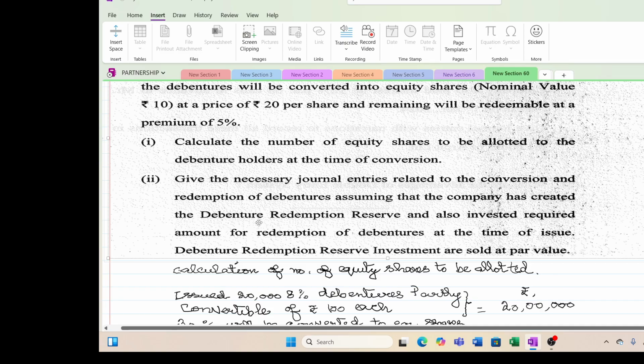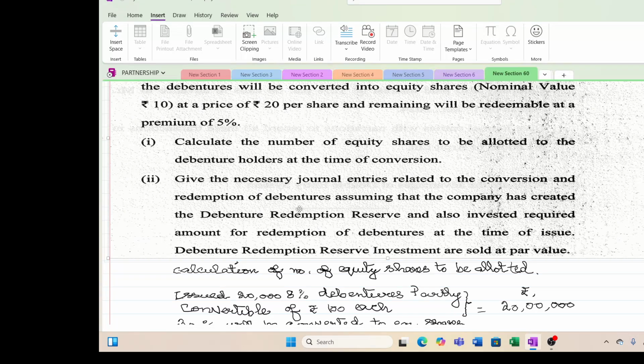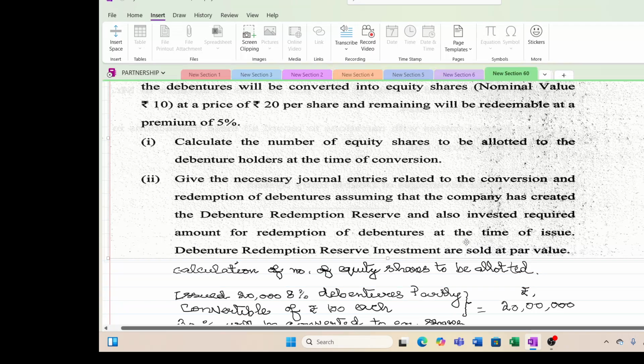So the debenture redemption reserve is already created and the debenture redemption investment was also there.